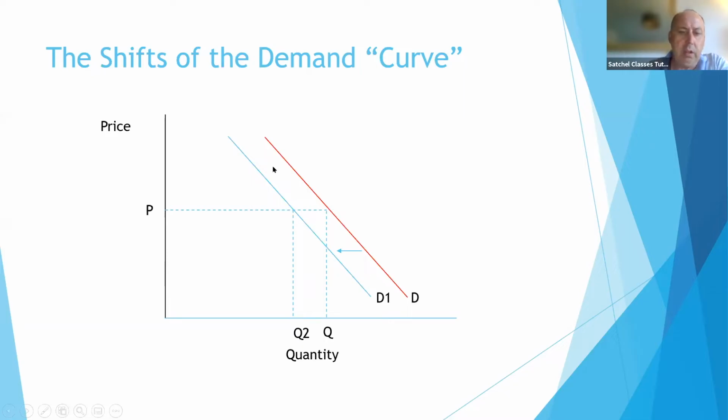Likewise, this could be about foreign holidays at the moment. During the COVID crisis, the demand has shifted backwards because nobody wants to risk going on holiday just in case they can't get back into the country without having to isolate.